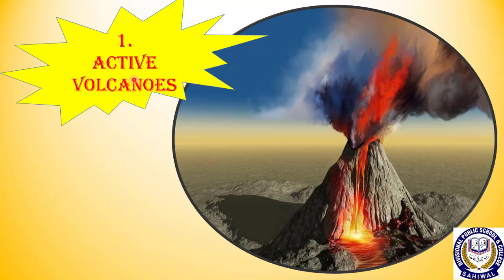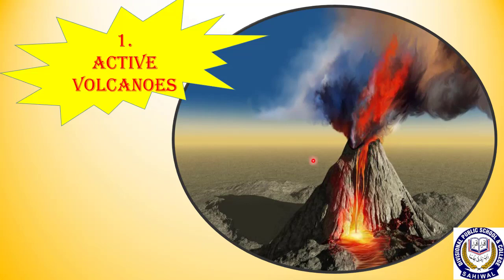Active volcanoes. An erupting volcano is an active volcano that is having an eruption. It shows magma comes out on the surface of the earth.